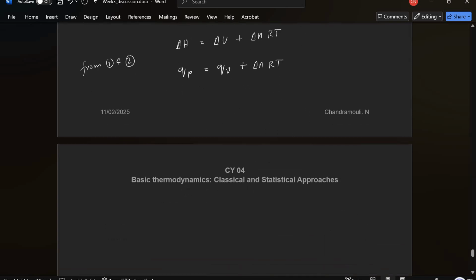Okay, so we have our equation over here, which is basically the hydrolysis reaction.